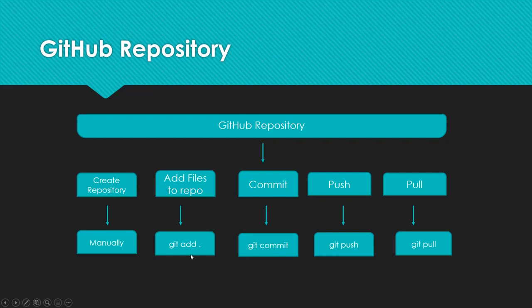Then we'll use the git add command to add all our automation files into the GitHub repository. We'll commit the changes and finally push all our code into the GitHub repository using the git push command. And when we want to pull our automation code from the GitHub repository to local, then we'll use the git pull command.